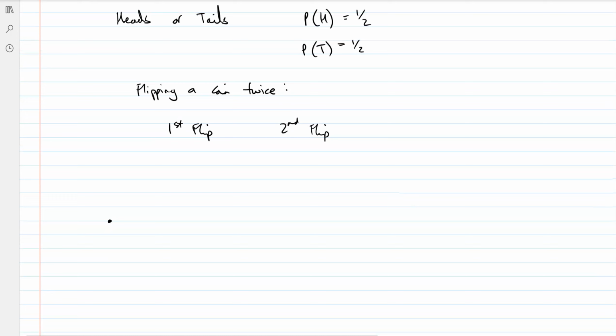On the first flip, there are two possible things that can happen, and only two. Either you get a head, or you get a tail. There's no other outcome possible. And if it's a fair coin, which is the one we're discussing, it's a half chance of getting a head and a half chance of getting a tail.